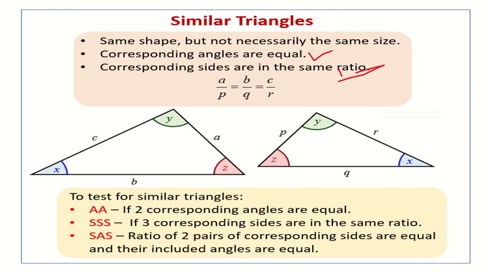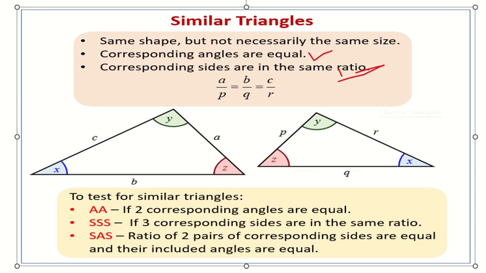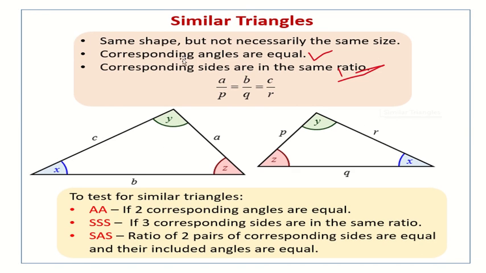You can see over here, this side and this side are proportionate, right? So AP by BP equal to B by Q equal to C by R, right? So this is the thing.